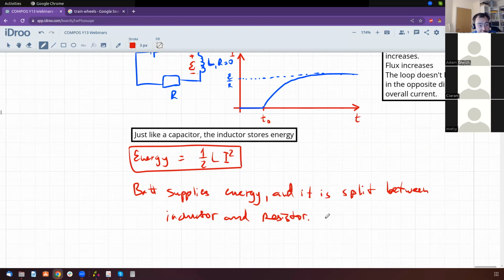When the current grows to a maximum, the inductor stops draining energy, but the resistor continues to drain energy. Yes, the resistor continues to produce heat.